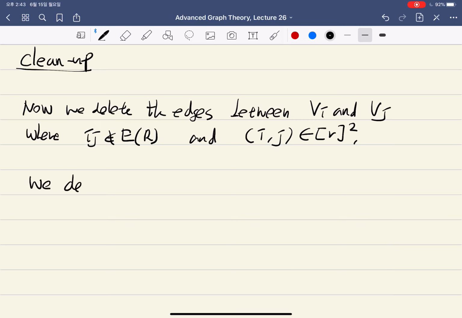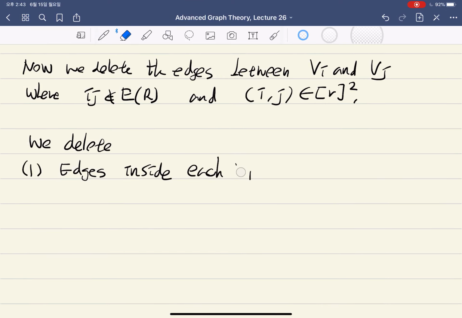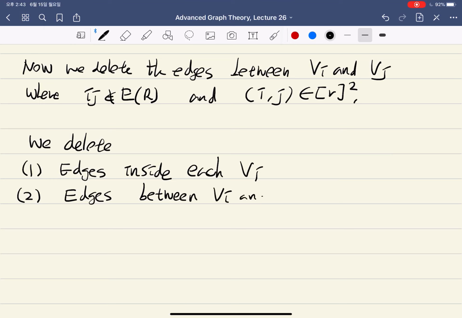That means we delete the following types of edges. If there is an edge inside each Pi, then we delete them. And we delete the edges between Pi and Pj where this is not an epsilon to the 4 regular pair.